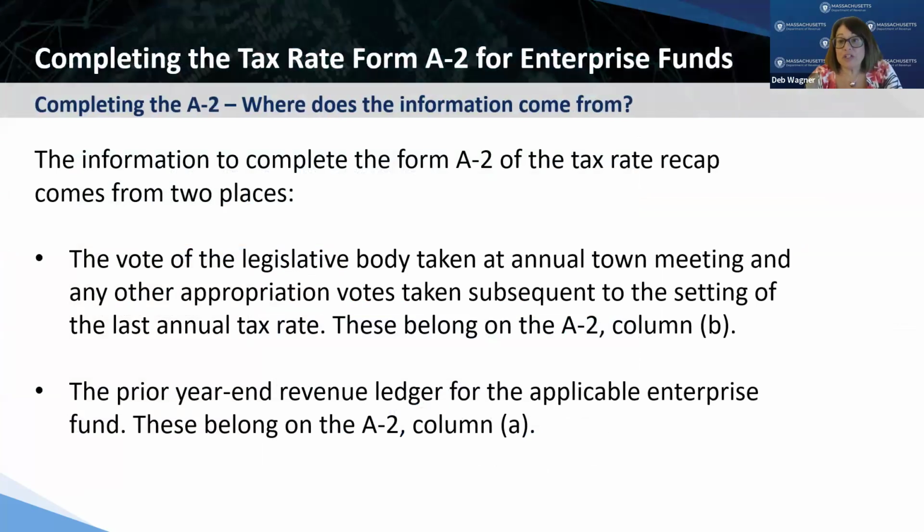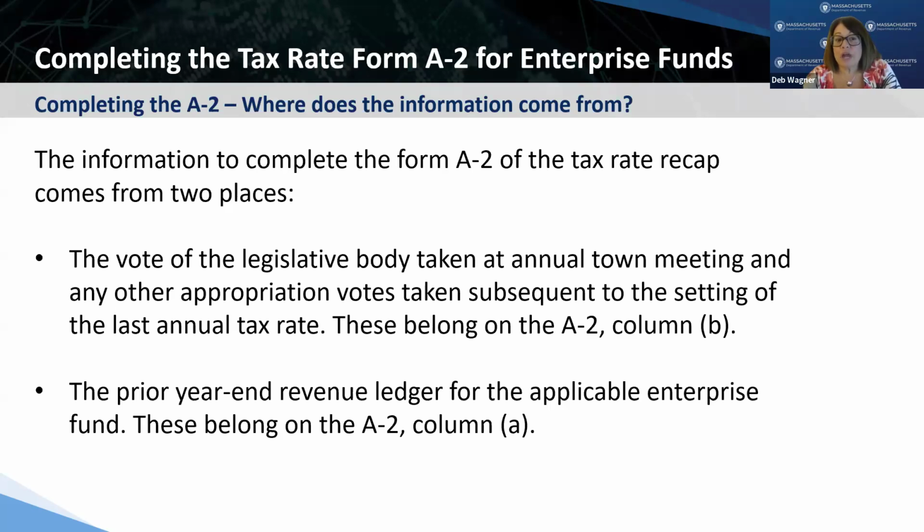So where does the information come to complete the Form A2? It comes from two places. The first place is the vote of the legislative body taken at annual town meeting, and any other appropriation votes taken for the enterprise fund subsequent to the setting of the last annual tax rate. Those votes all belong in A2 column B, and we're going to go over that in a minute.